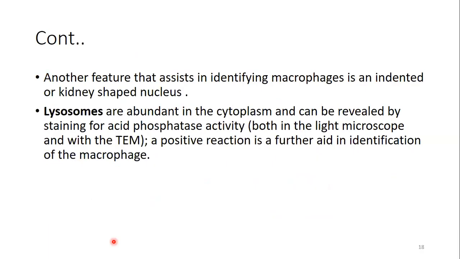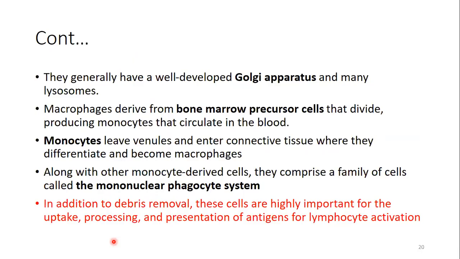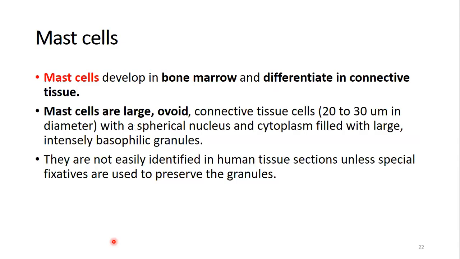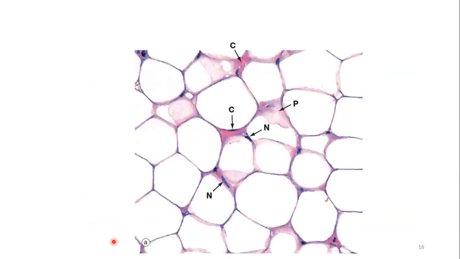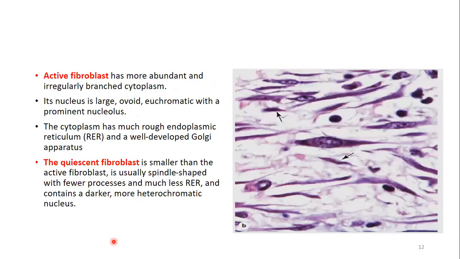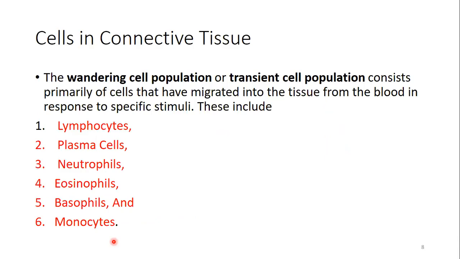What other cell do we have? We have the mast cell. Now, mast cells, like I was saying, are also cousins with basophils. Remember the transient cells? On the transient cells, we had granulocytes. Among them are neutrophil, eosinophil, and basophil. So this basophil is a cousin to the mast cell.